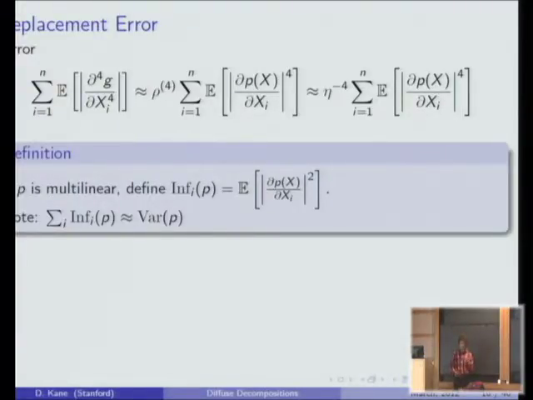Okay, so we're getting our hands on this using these influences. One convenient fact to note, and which isn't hard to prove, is that if you have a polynomial of fixed degree, the sum of all of the influences is on the same order of magnitude as the variance of the polynomial. So that's a good time to ask: will all these bounds be up to exponentials in the degree?